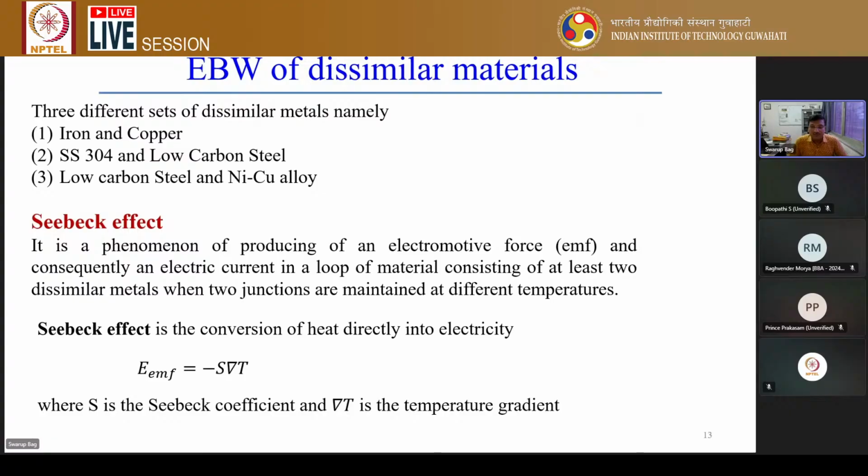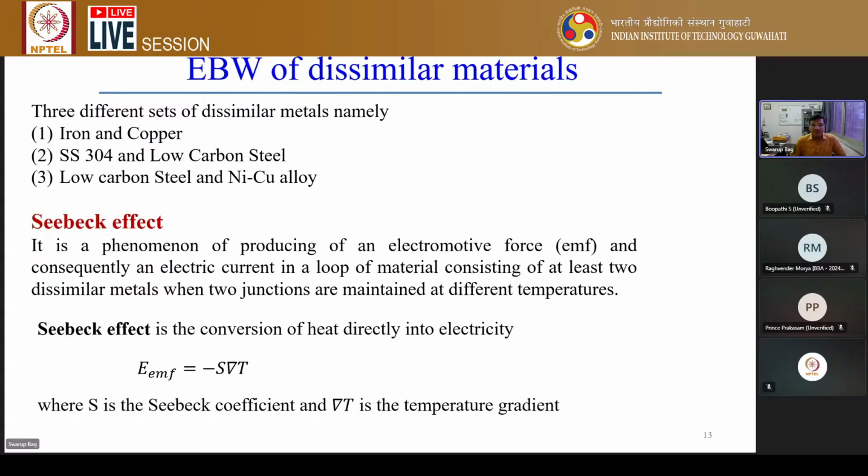When there are two different temperatures, they will induce an electromotive force. EMF will be generated, and it can be calculated as the Seebeck coefficient S times delta T, where delta T is the temperature gradient. That helps you calculate the amount of electromotive force.